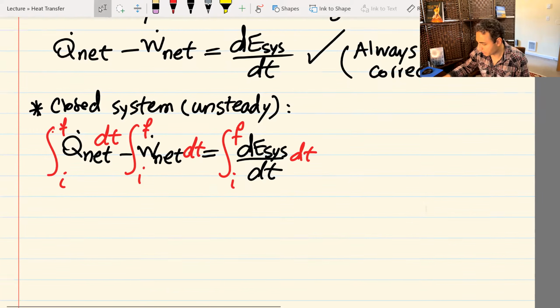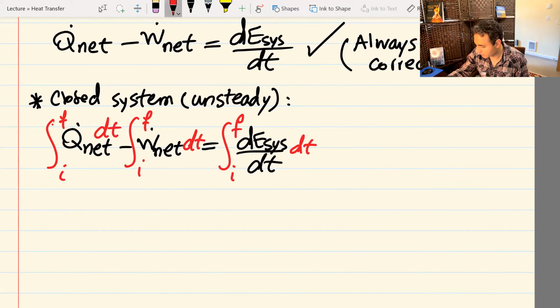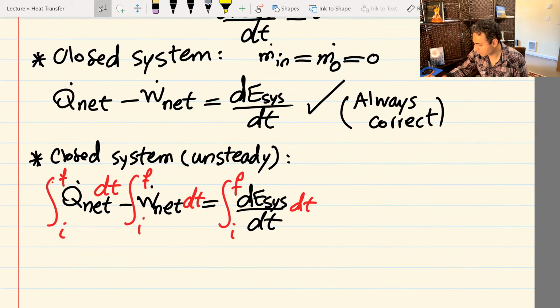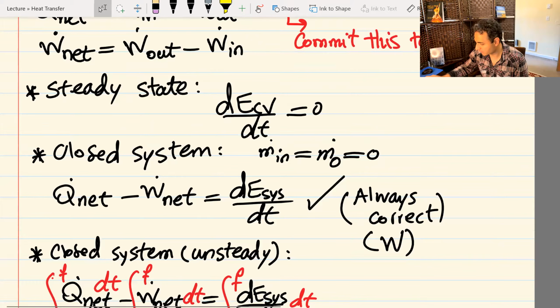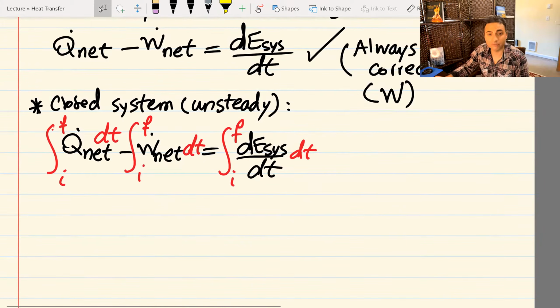What do you think the integral looks like after this? If I take the integral of Q dot dt, what was the unit of this always correct equation? It is watts. Same case with the first law of thermodynamics, written in terms of watts.